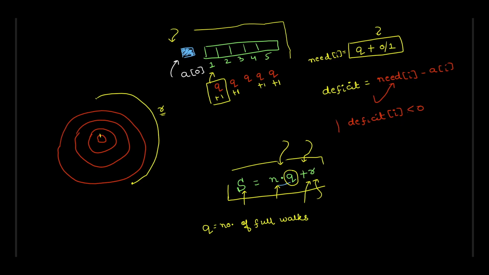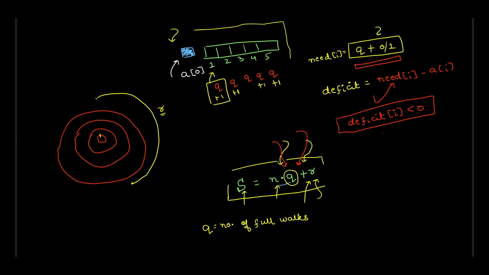Why? Because this game definitely has to end after Q plus 1 rounds, and if your total balls is greater than Q plus 1, there is no way you will be able to clear out the extra balls you have. So if deficit of i is less than 0, then you know that the answer is not possible.